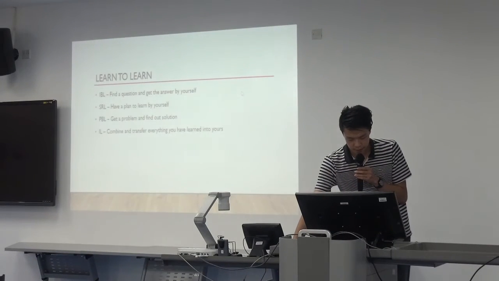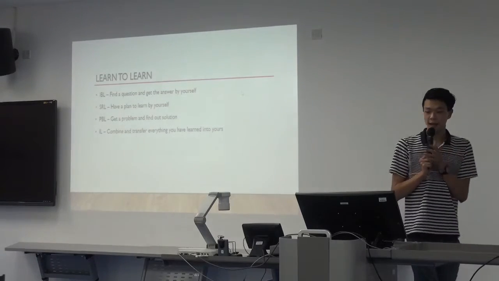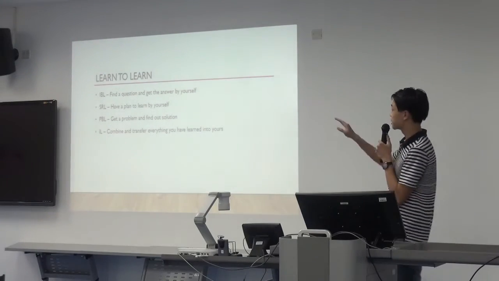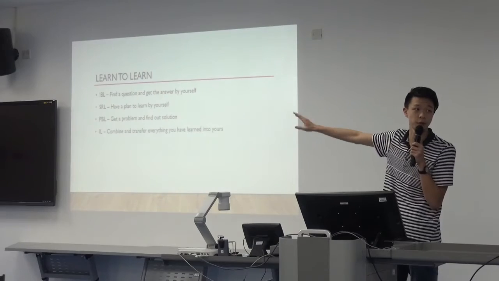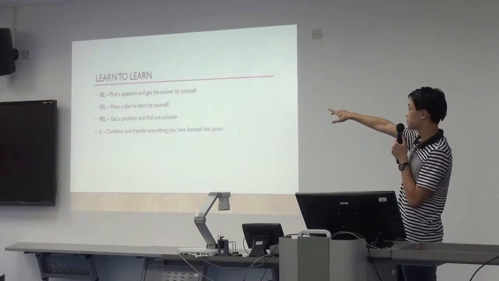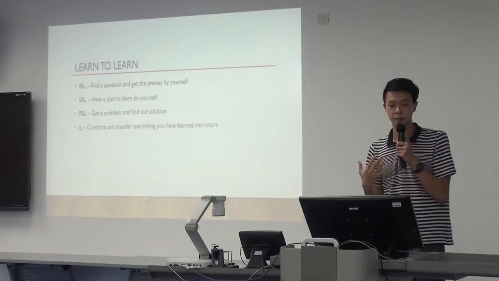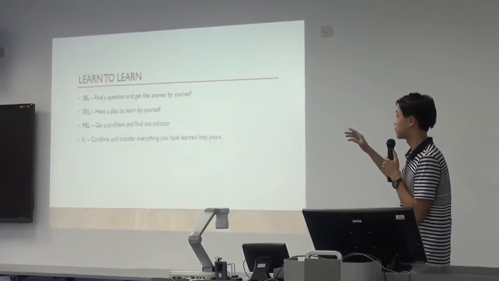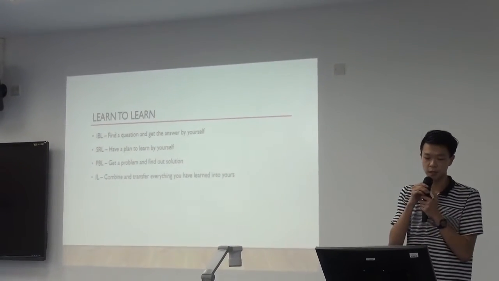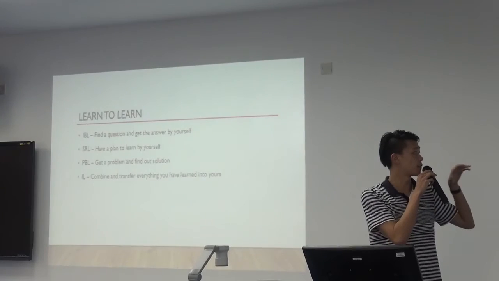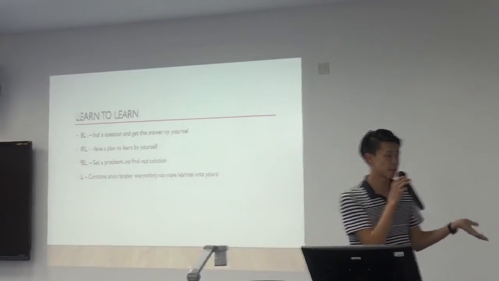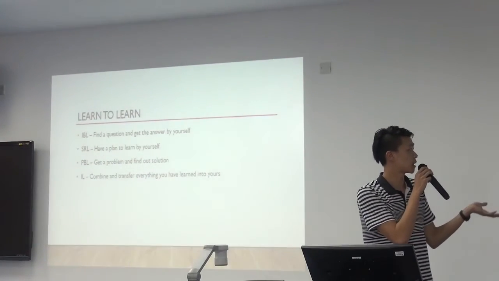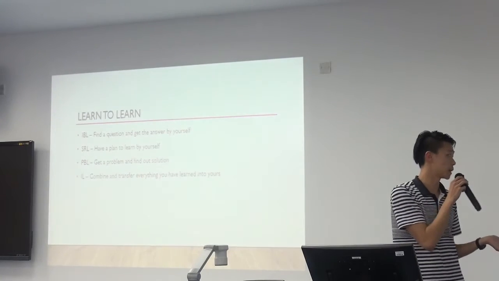like this. If I explain it in detail, this may not be so precise for each item. It is mostly about my experience and my interpretation of every item. For the IBL, I find a question and get the answer for myself. For the SRL, I have a plan to learn by myself.